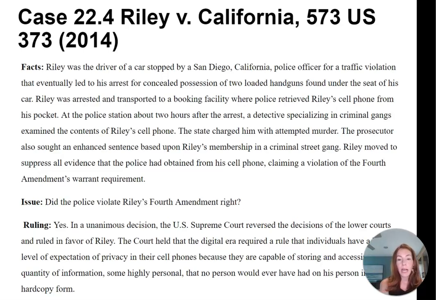The court held that the digital era required a rule that individuals have a high level of expectation of privacy in their cell phones. People store a very large quantity of information, some of it very personal, and no person would ever have on them hard copies of all of this vast amount of information. And therefore, to be able to search someone's cell phone, there is a warrant requirement.